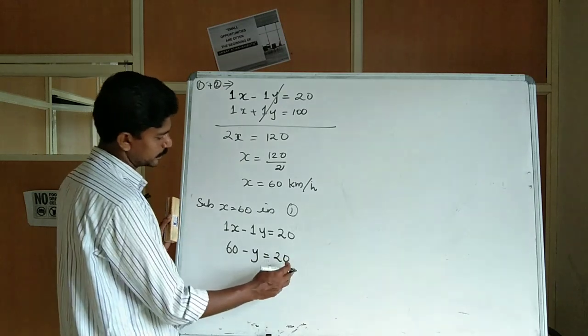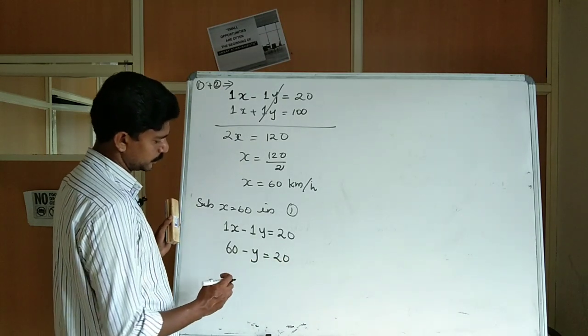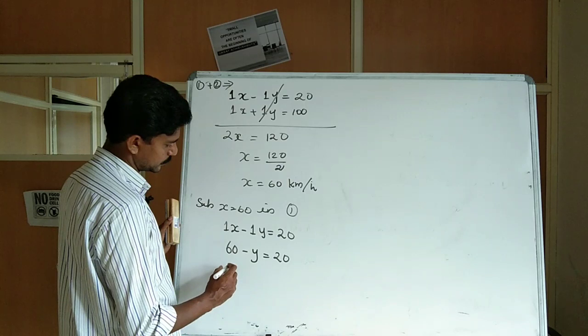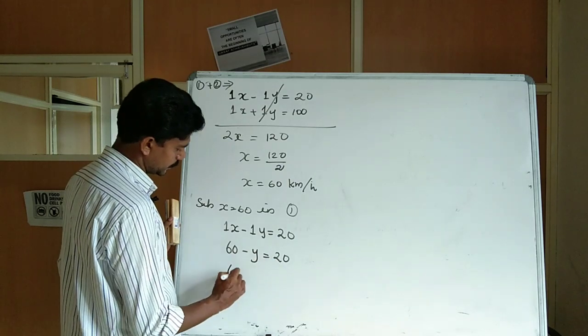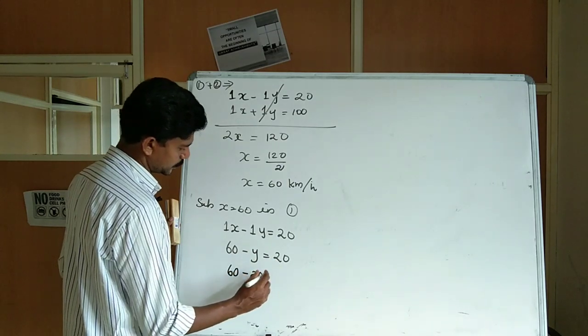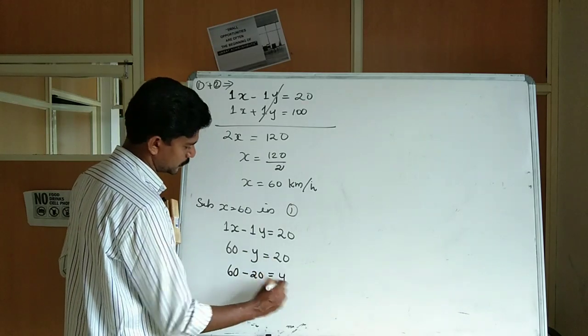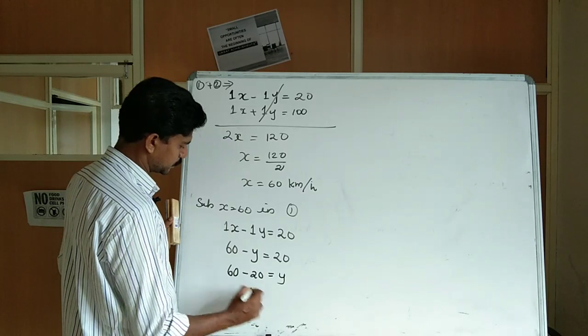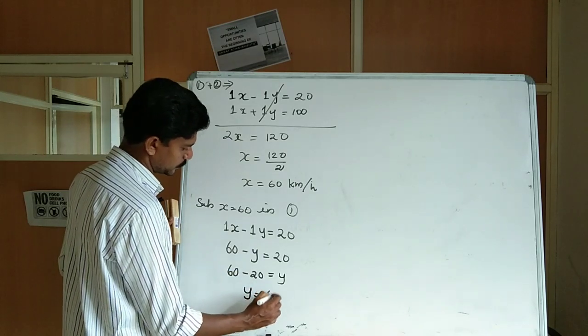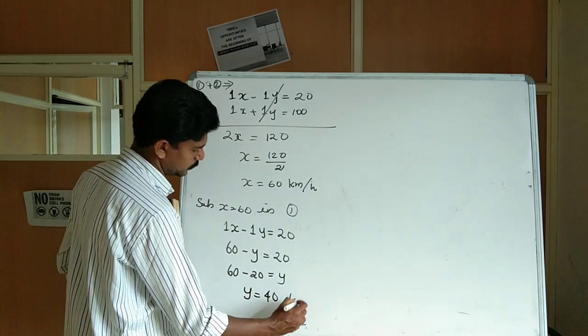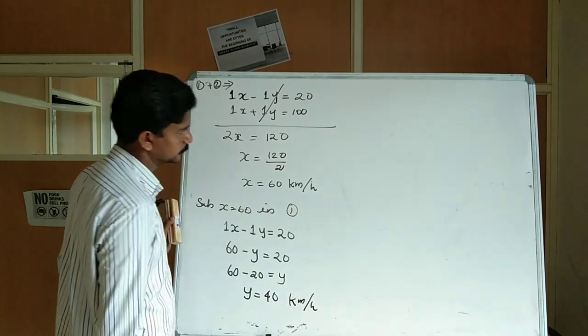So we send y to that side and 20 to this side. Minus 20 plus 20 becomes minus 20, and minus y becomes plus y. So y is equal to 60 minus 20, that is equal to 40 kilometer per hour.